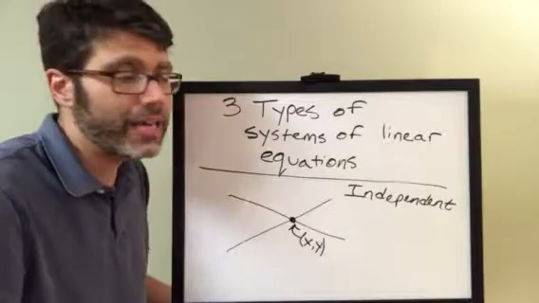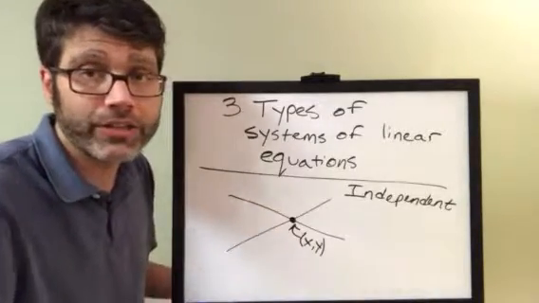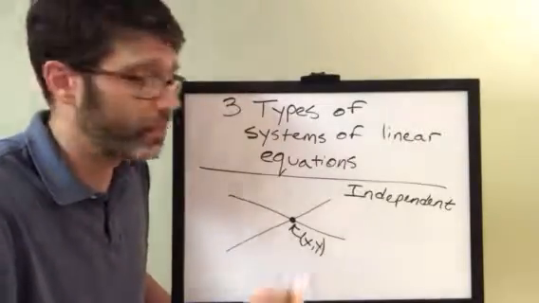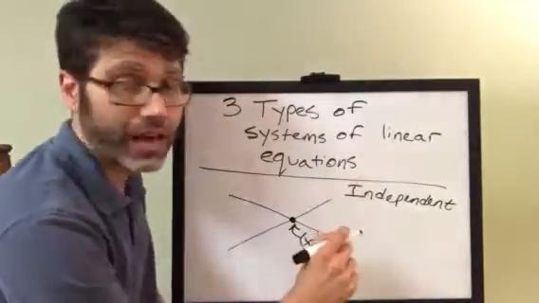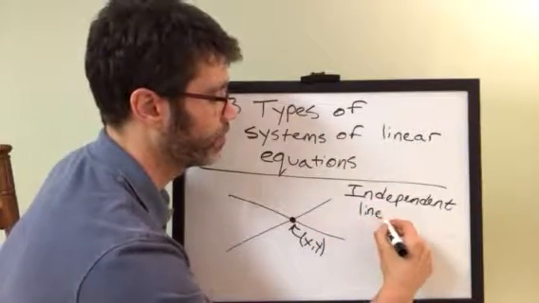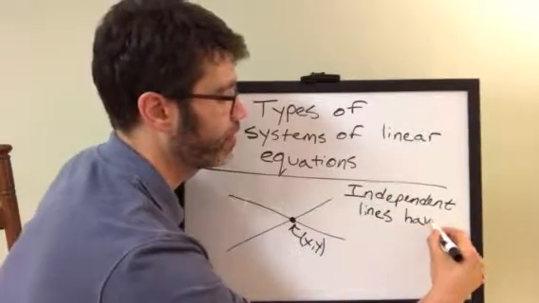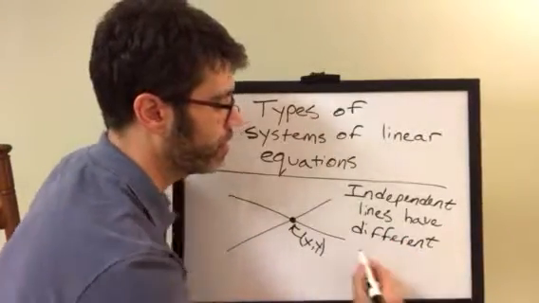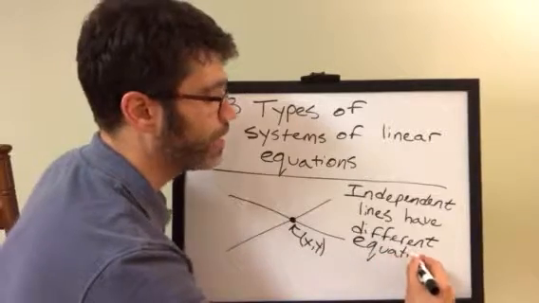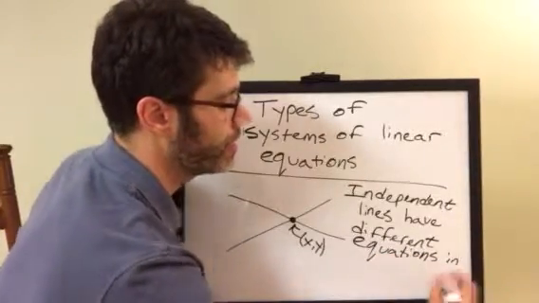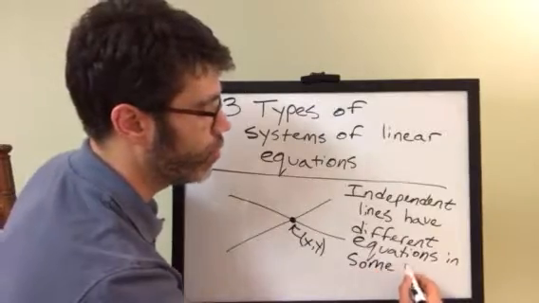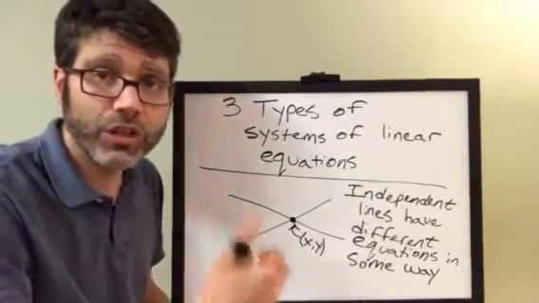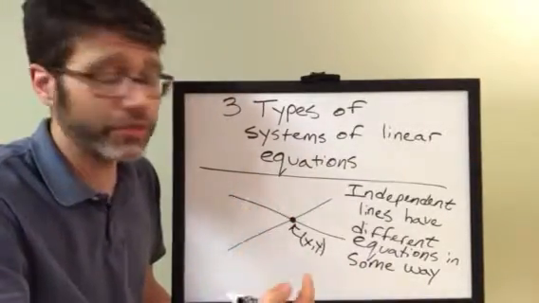In some way, either the slope is different, or the y-intercept is different, or both the slope and y-intercepts are different. So independent lines have different equations in any way. It could be the slope, or it could be the y-intercept, or it could be both.